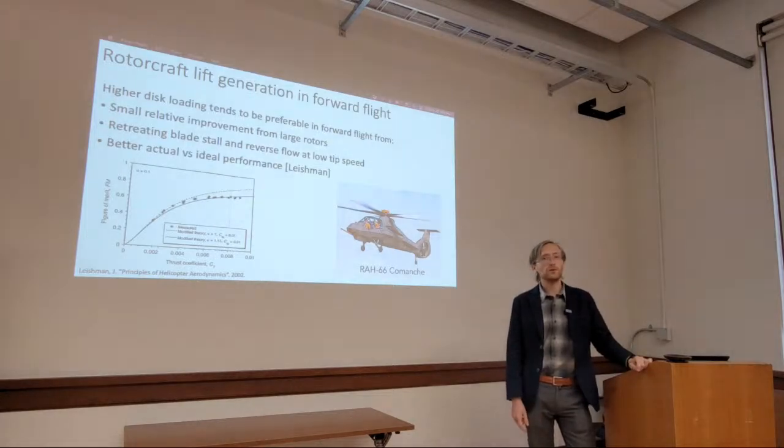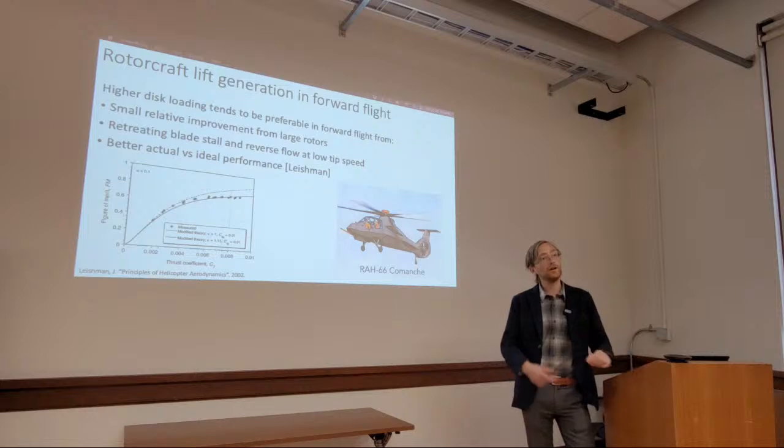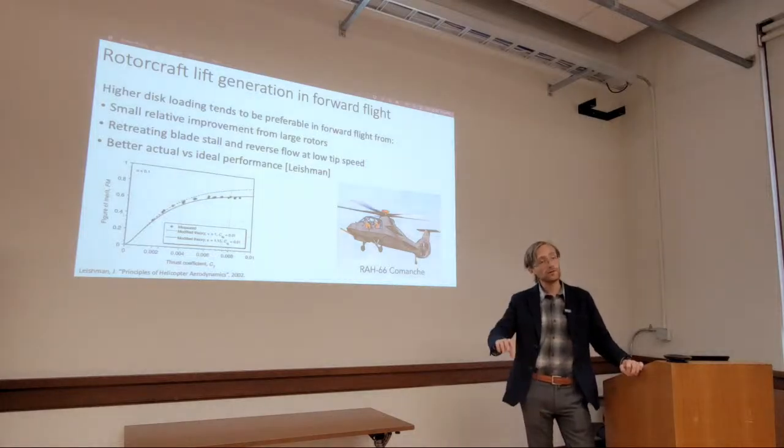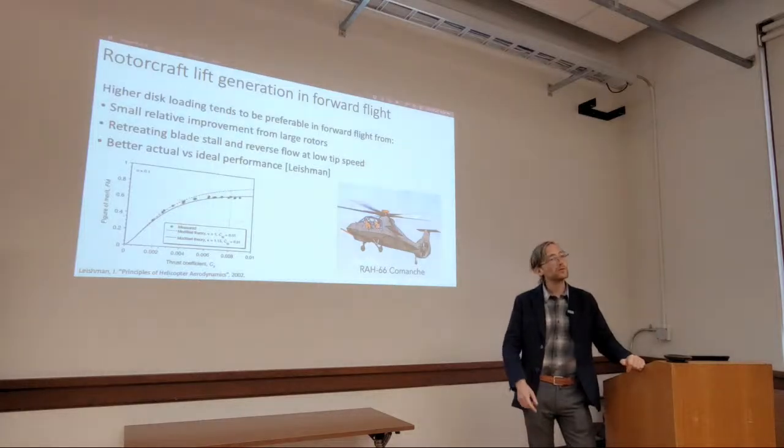For example, it can be shown that at hover, a twisting that is hyperbolic, that is, where the pitch times the distance to the hub along the blade is constant, is optimal in terms of power consumption at hover.